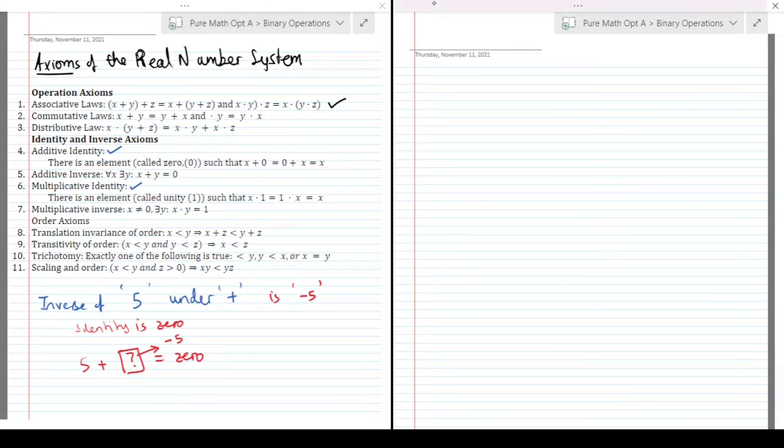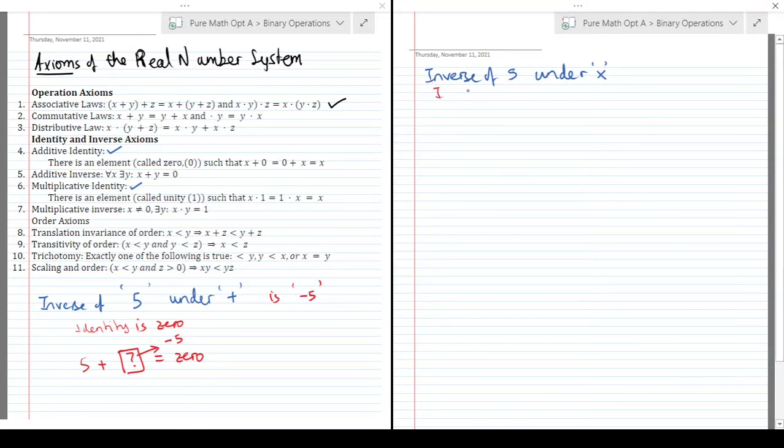So if I ask you a similar question to what I asked you there: what is the inverse of 5 under multiplication? The question is, what is the identity under multiplication?